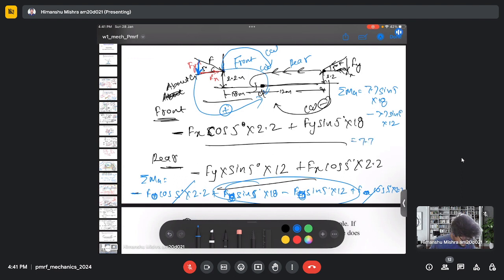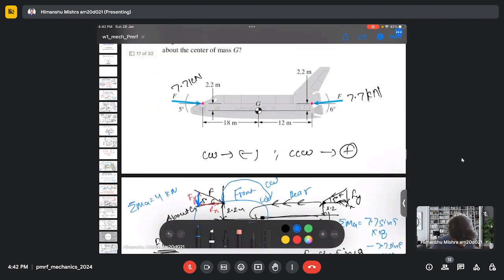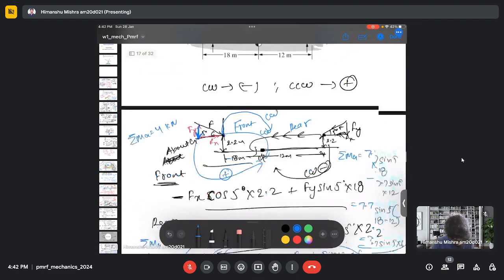Taking common, it will be 7.7 sine 5 multiplied by 18 minus 12, so 7.7 sine 5 multiplied by 6. This will give you the moment, which is 4 kilonewton meter.